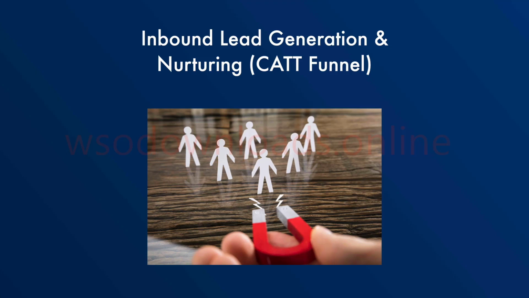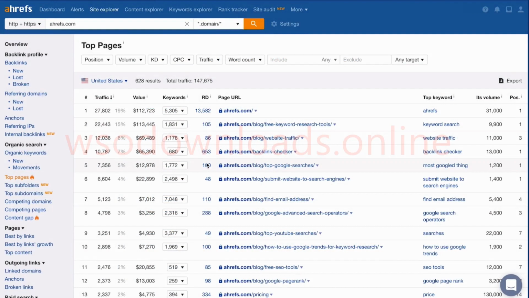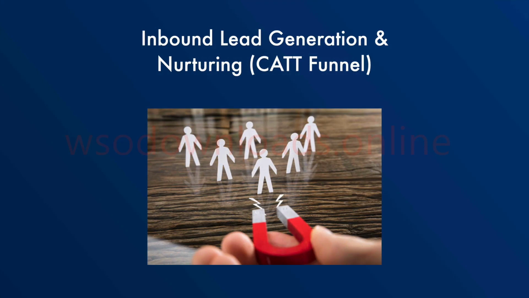And if you look at a lot of software companies, especially SaaS companies like Ahrefs, who are into SEO, they help you generate keywords and find backlinks. It's a B2B company, but they have an inbound funnel because they have reached a certain level of brand popularity, and they don't need to reach out to people directly to sell their software.